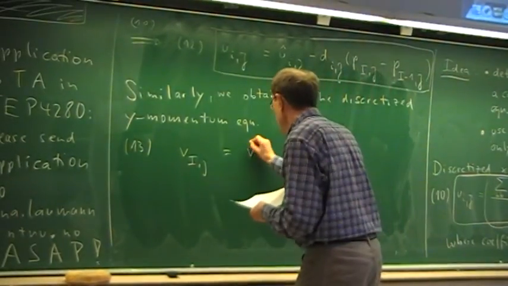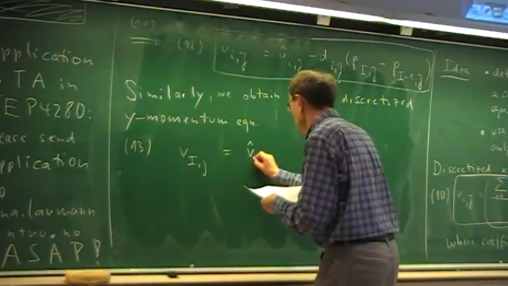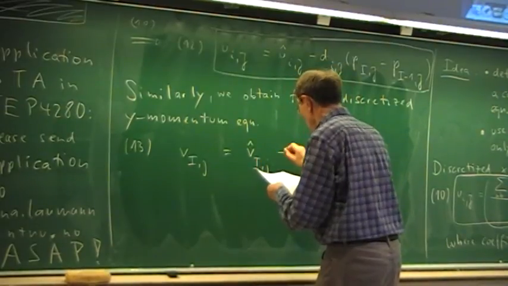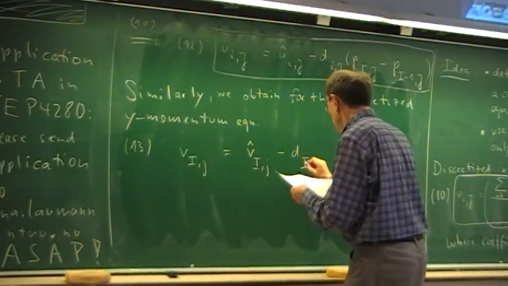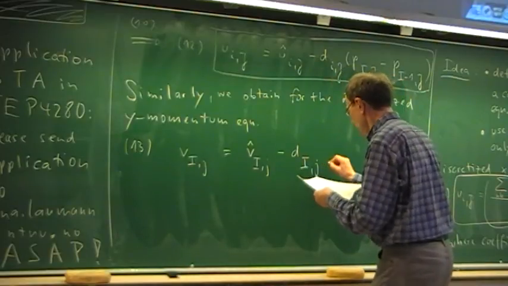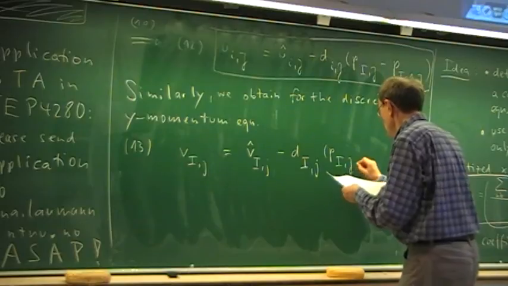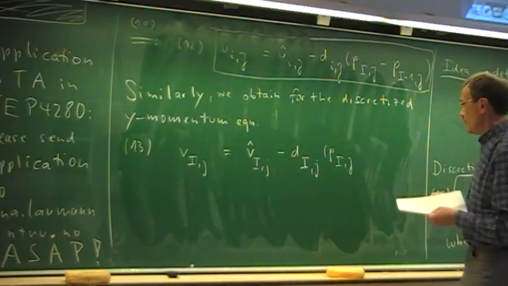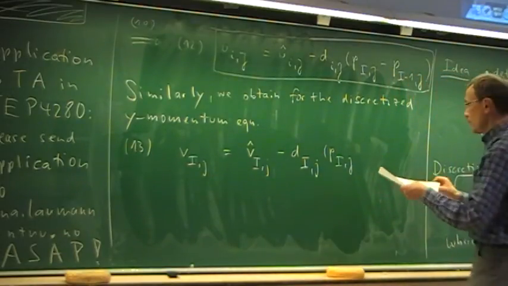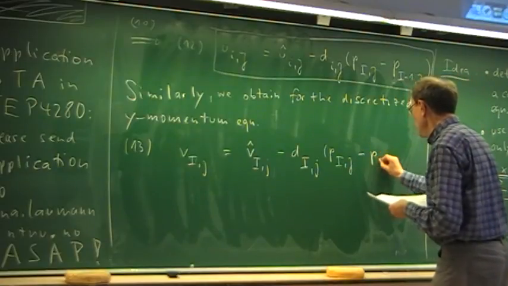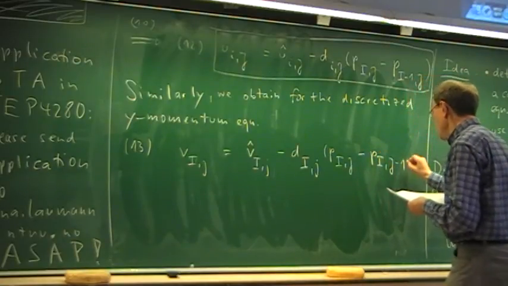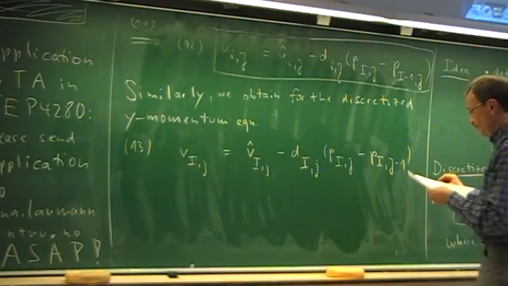There we also get a pseudo velocity v hat minus the corresponding d coefficient times the pressure difference. This is for the control volume for v. This is at the northern face, and P ij minus 1 is at the southern face.